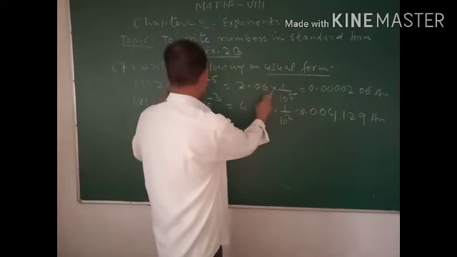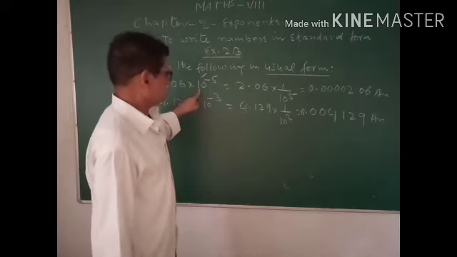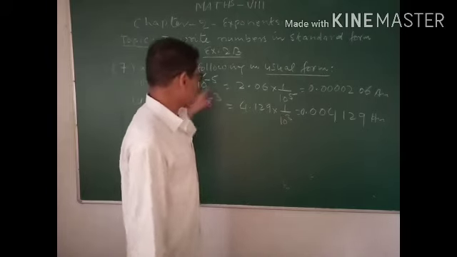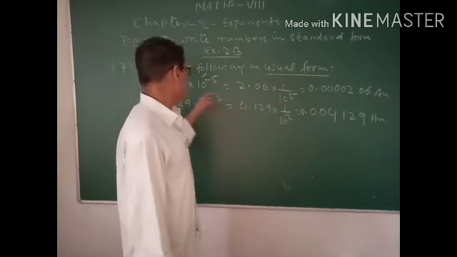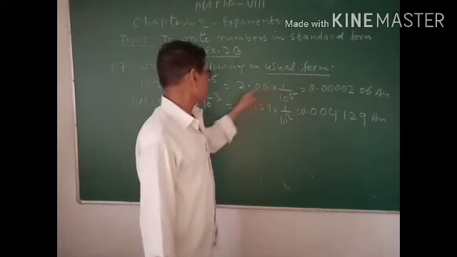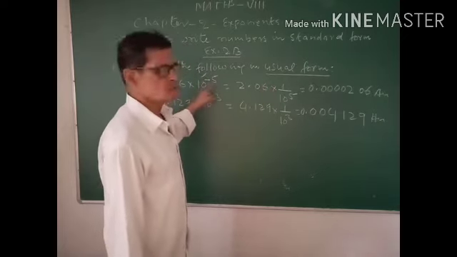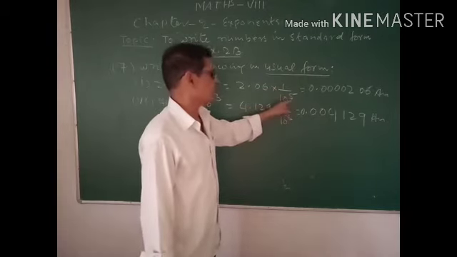2.06 into, and this negative exponent should be positive, therefore I write it in this way, yani reciprocal of 10 to the power minus 5. This will become 1 by 10 to the power 5.